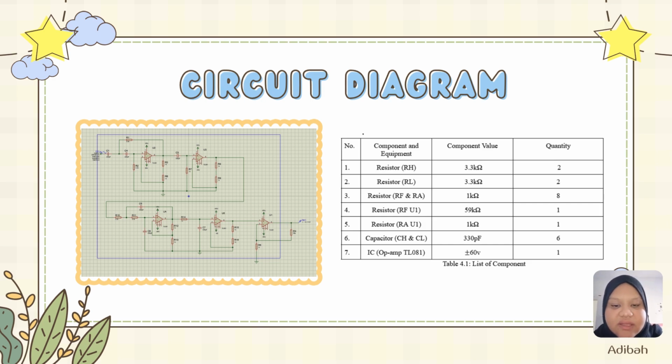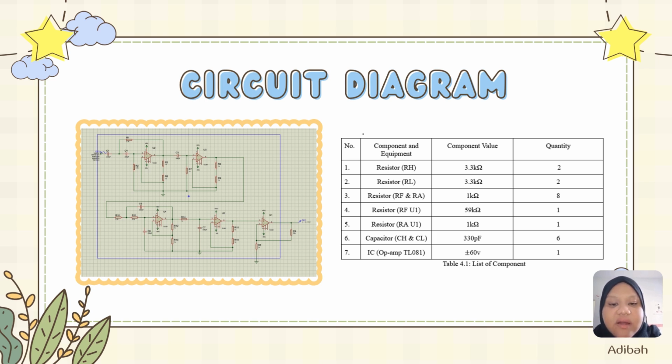The resistors have a value of 3.3 k ohms, and the quantity that we use is 2. Resistors for RL are 3.3 k also, and the quantity is 2. For the resistors RF and RA, 1 k.